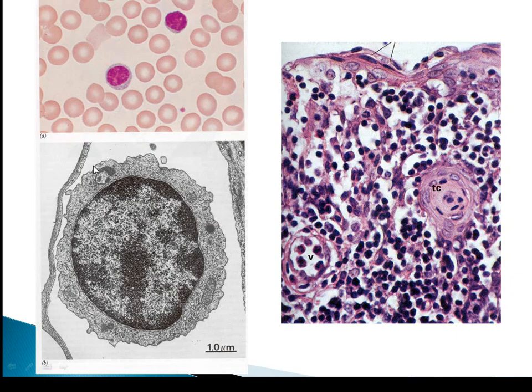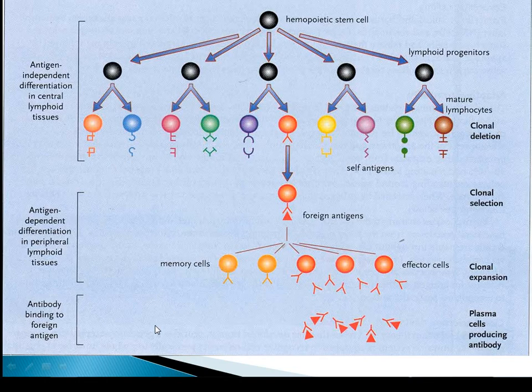Looking at lymphocytes here, we see the structure: all of the cytoplasm is occupied by the large nucleus. What we have to know is that each of the lymphocytes in blood differs from the others via their receptors.